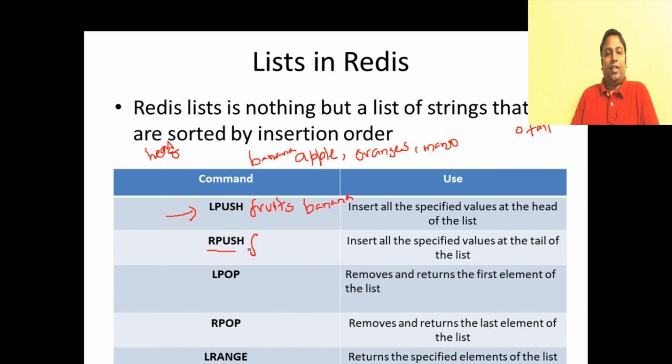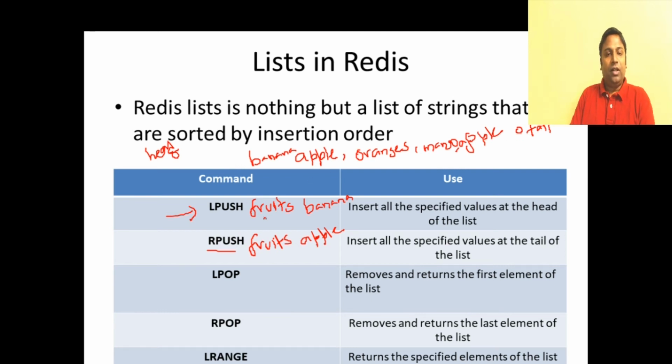So if I say rpush fruits apple, it goes to the tail and inserts apple here. So lpush will insert from the head region, whereas rpush will insert from the tail region.